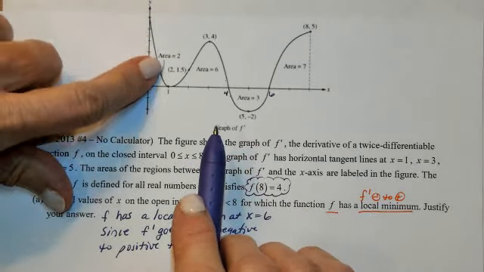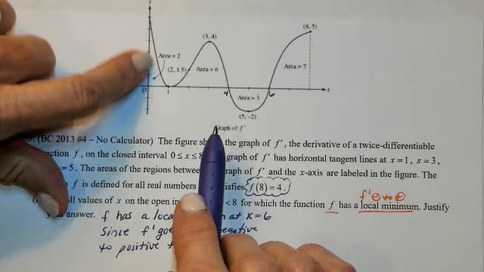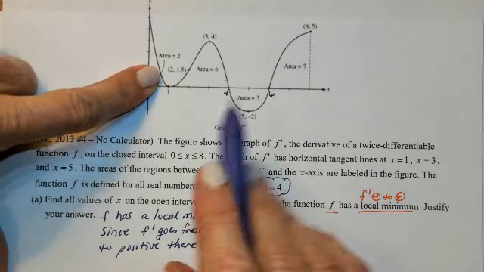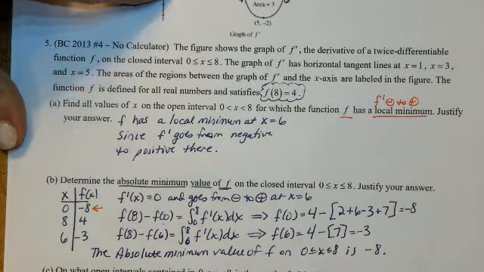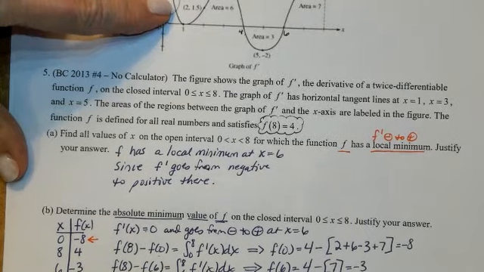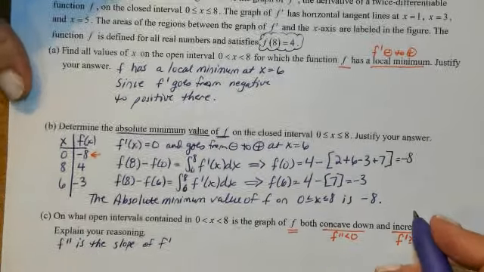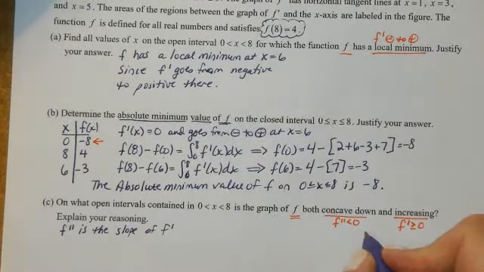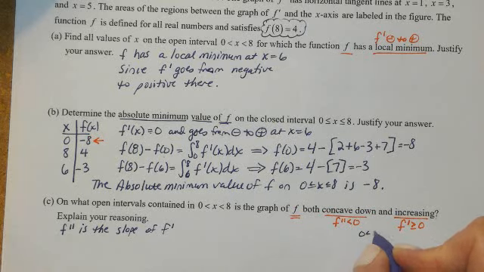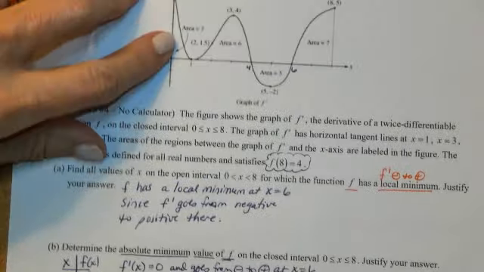This first little section is above the x-axis and the slope is negative. So 0 to 1 is one such section. Just to make a note to myself, 0 to 1 is one such section.